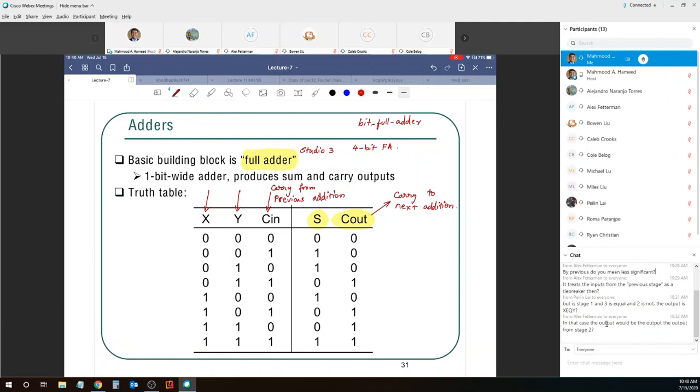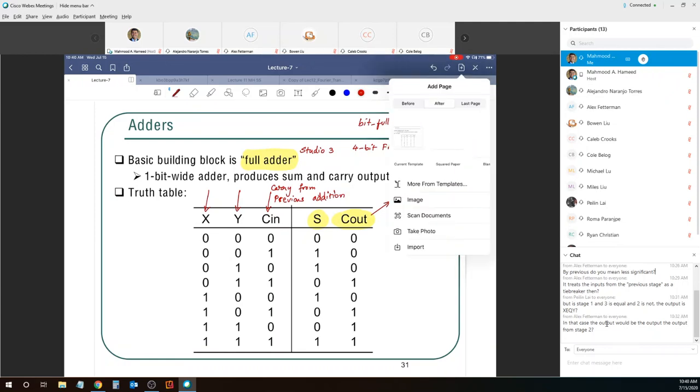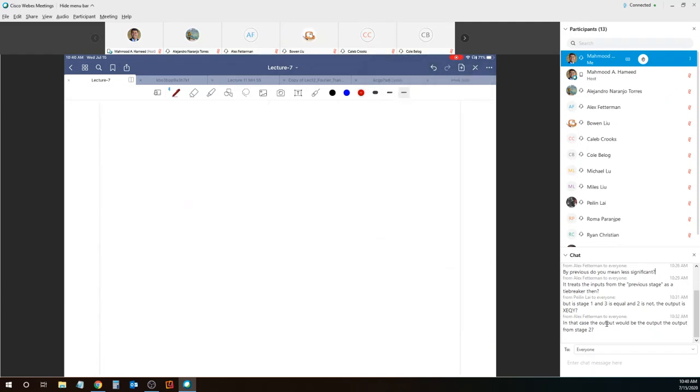So for example, say you had A3, A2, A1, A0. We were using X earlier, so let me use X. I'm representing this number X as X3, X2, X1, X0, and Y as Y3, Y2, Y1, Y0.